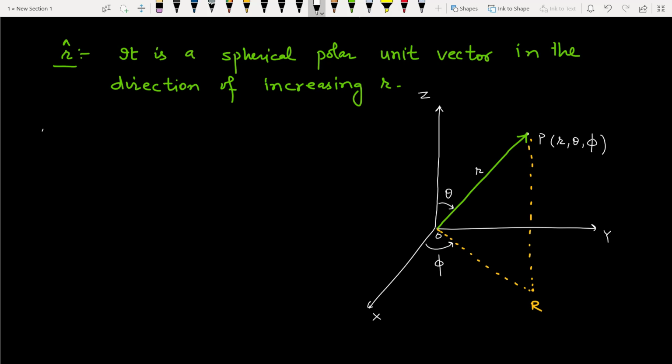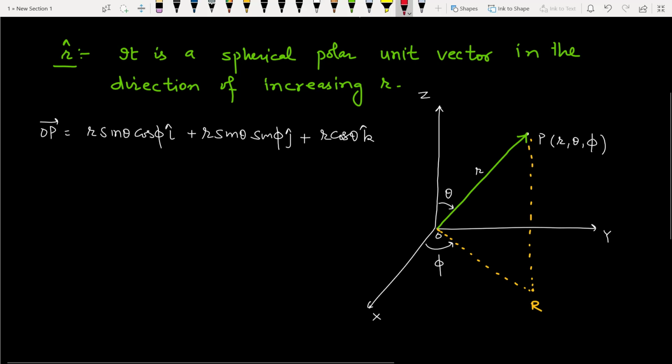And OP vector can be written as r sin theta cos phi i cap, r sin theta sin phi j cap, r cos theta k cap.